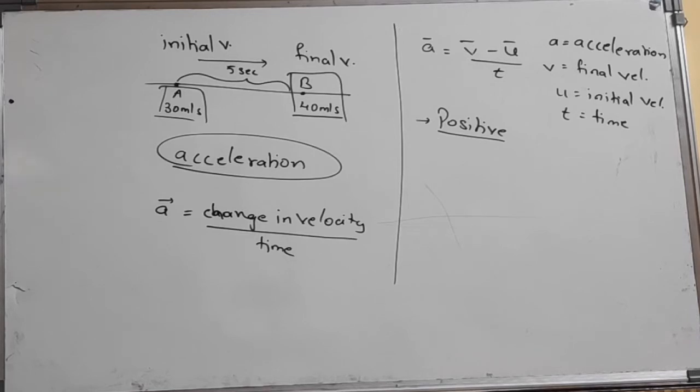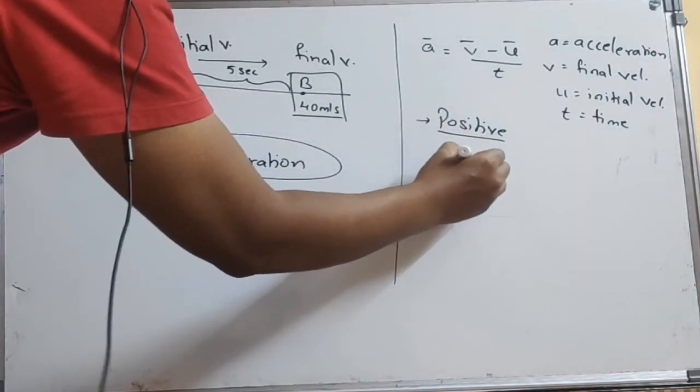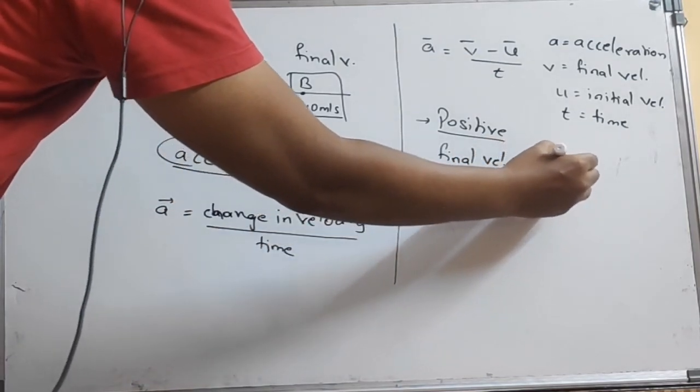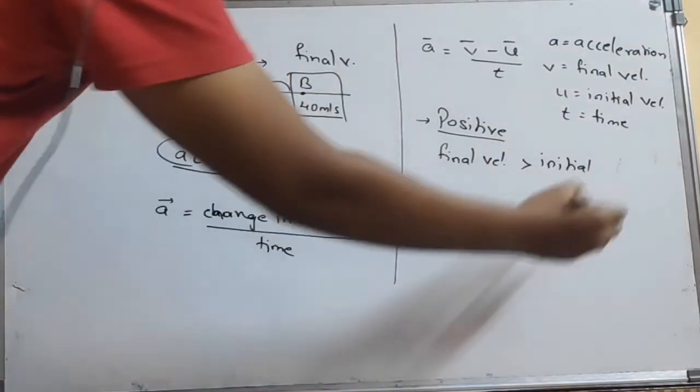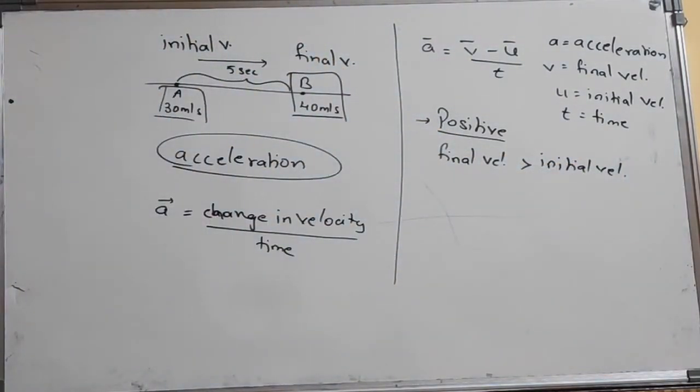So when there is an increase in the speed of the object, then you say that the acceleration is positive. In simple terms, if the final velocity is greater than the initial velocity, then you say there is a positive acceleration.